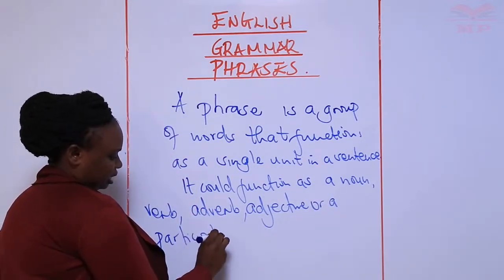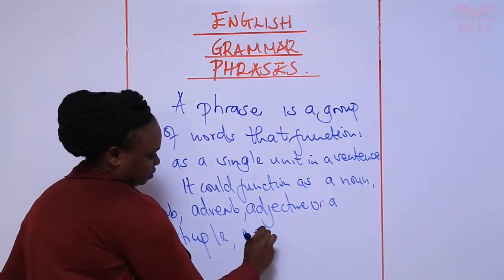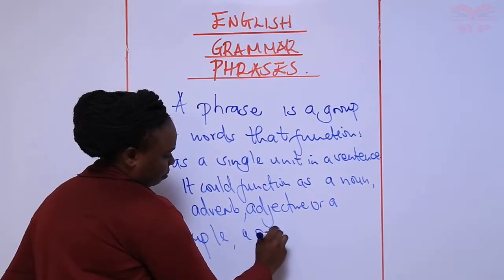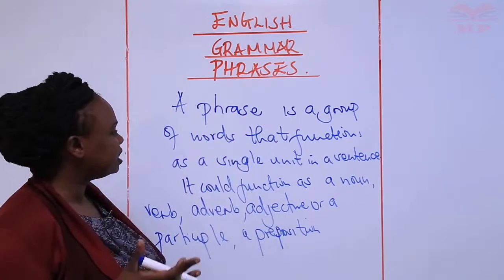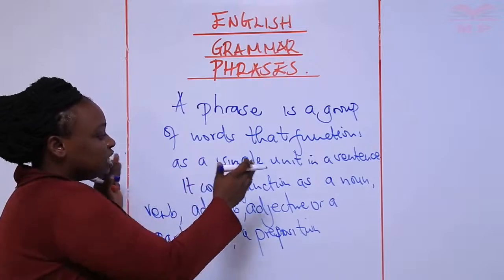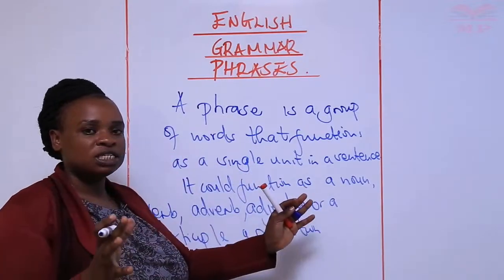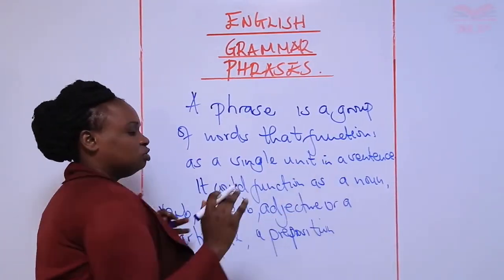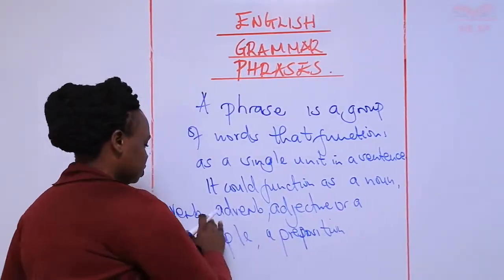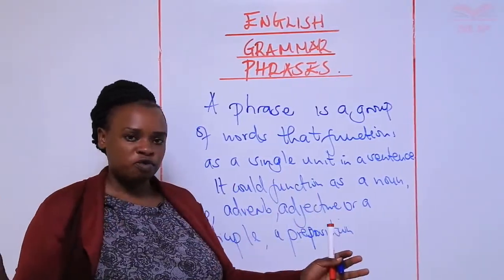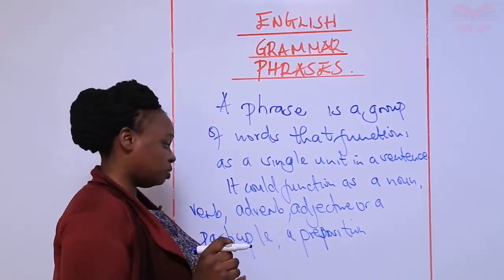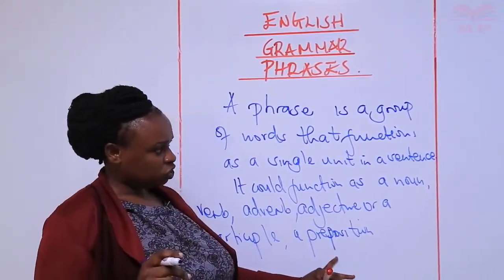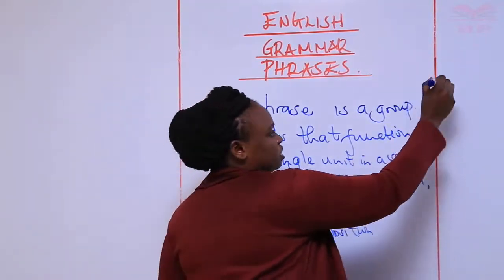Oh, not to forget a preposition. So this group of words, this phrase that we're talking about, will function as a noun. It will be a group of words, but it will function as a noun. It will be a group of words, but it will function as a verb. It will be a group of words, but it will function as an adverb, or an adjective, or a participle, or a preposition. So in Form 1, you were introduced to noun phrases.